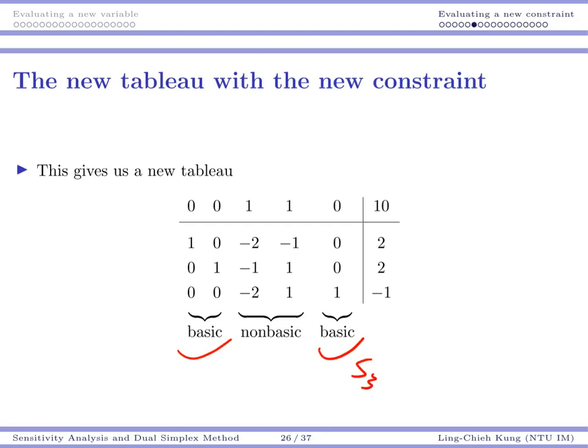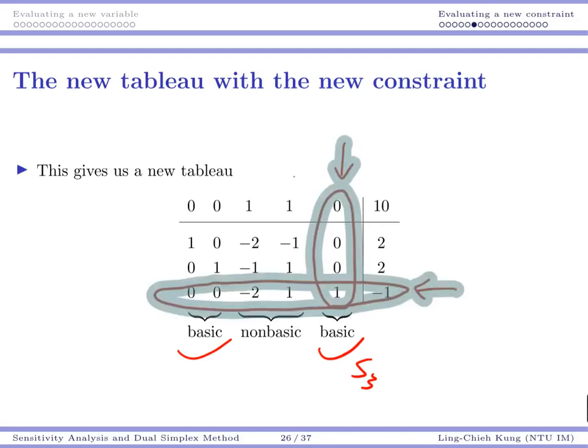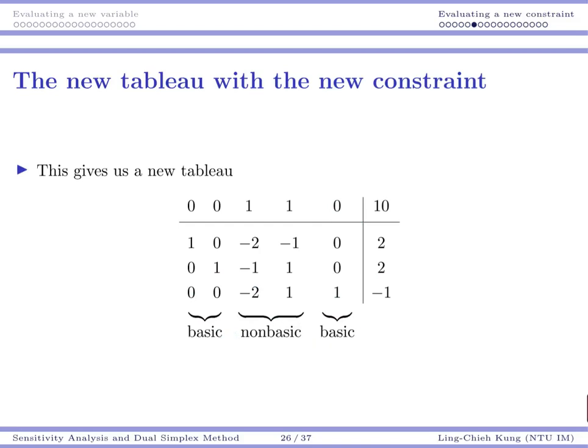Basically, all we want is to calculate the numbers here and the numbers here, right? This is for the new constraint, this is for the new variable. We want these numbers, but of course, while we are doing those A_B inverse A_N calculations, we actually calculate the whole matrix. So anyway, that's something that brings us a new tableau.